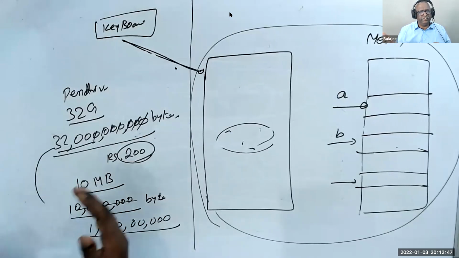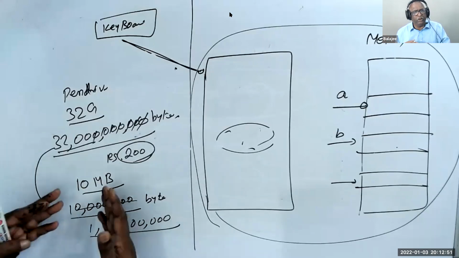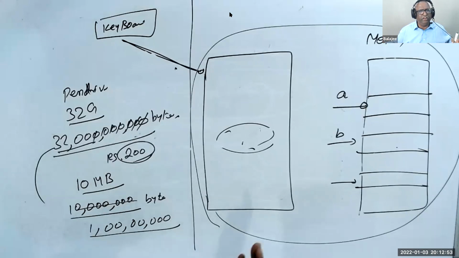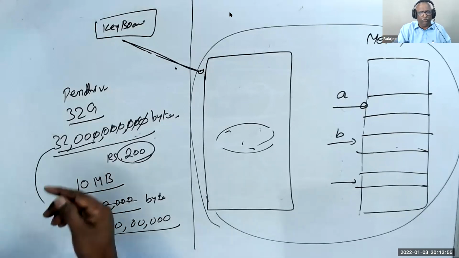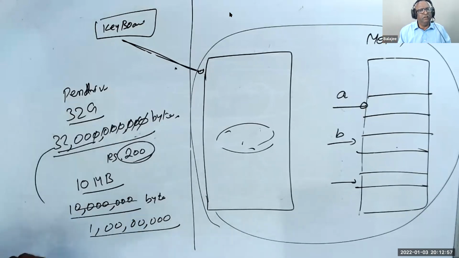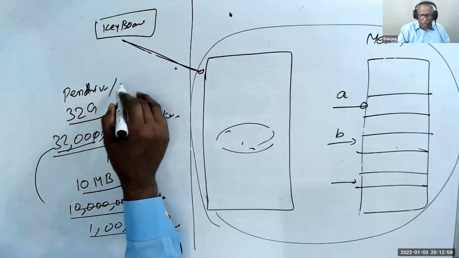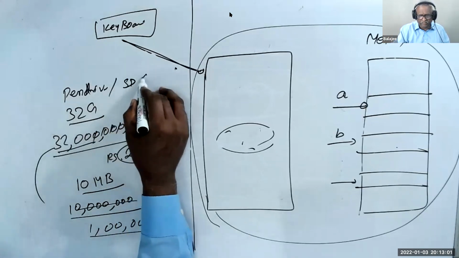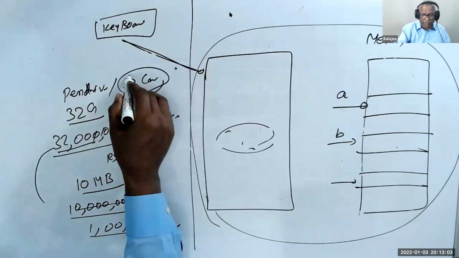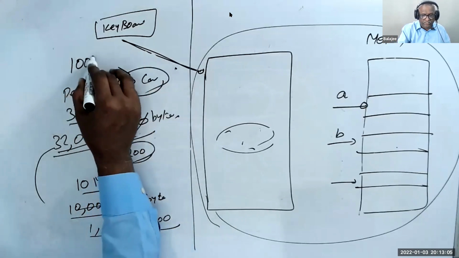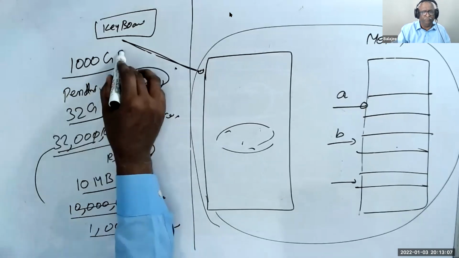IBM's 10 MB was crores, and it required a big vehicle to ship, not like you carry in your pocket an SD card. Not only a pen drive, even a micro SD card. Nowadays micro SD cards of even 1 terabyte, that is 1000 gigabytes, have come.